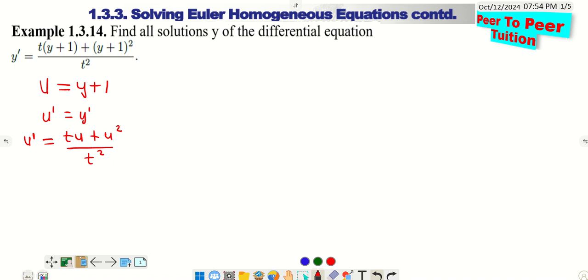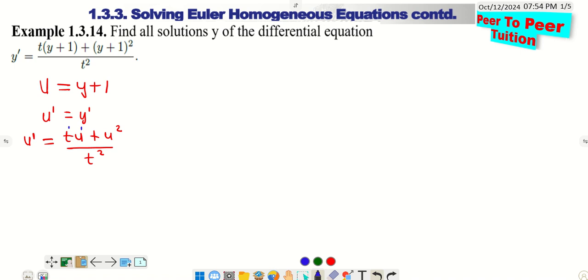Now, this differential equation is homogeneous of degree 2. You can check it using this approach. The t is raised to the power 1. The u is also raised to the power 1. 1 plus 1 is 2. Here, the degree is 2. Here, the degree is 2. So in every term, the degree is 2. So we can just go ahead and say that this is homogeneous of degree 2.